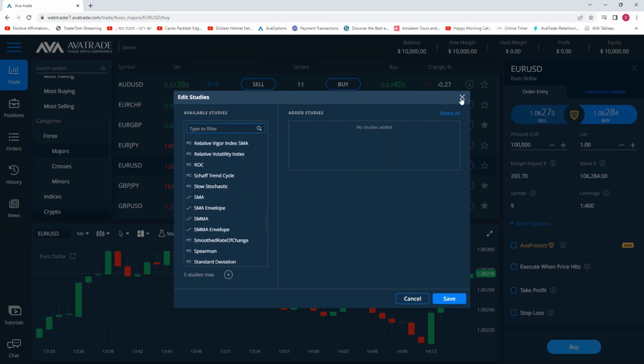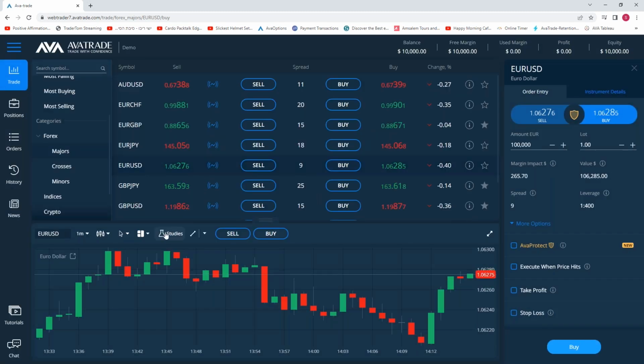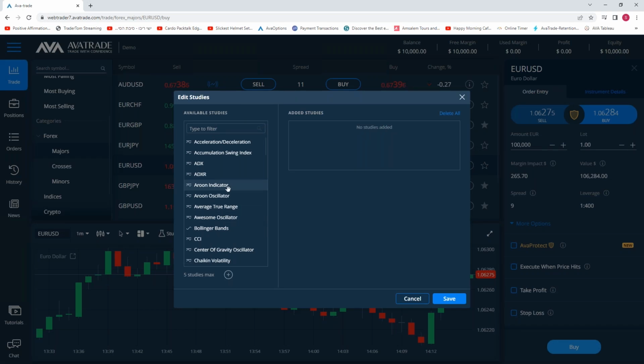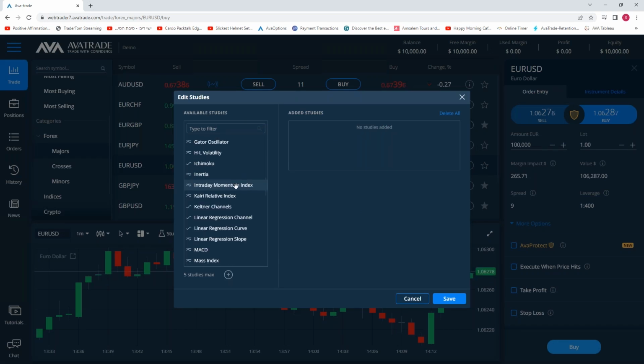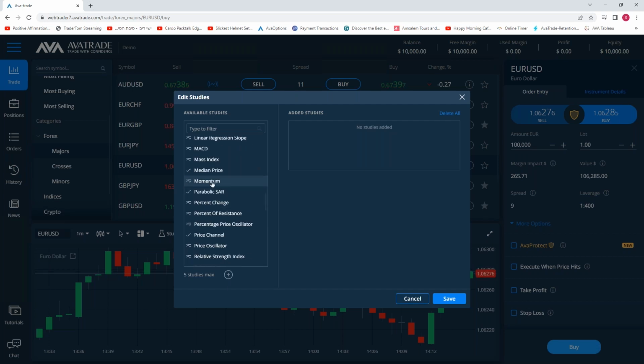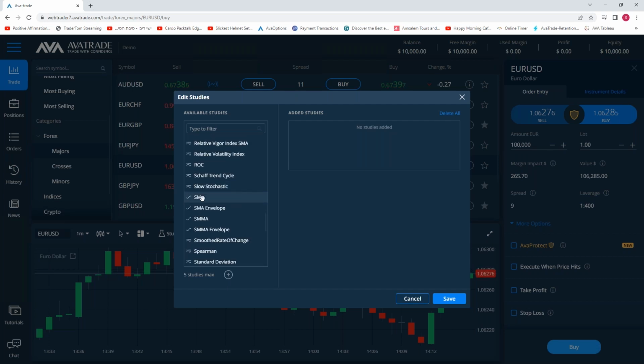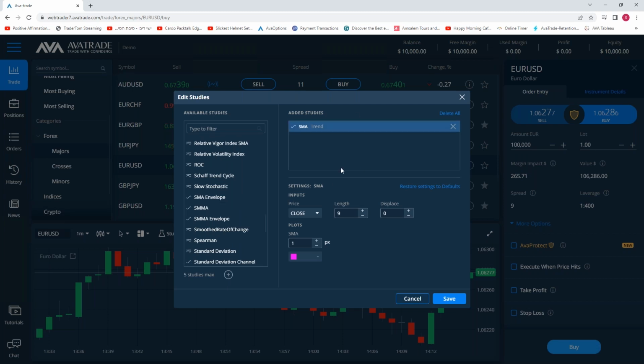So again, to find the indicators, you come here to studies, and then you have to choose one. Let's say simple moving average. You double click and it comes to the window, and then you can put the length.